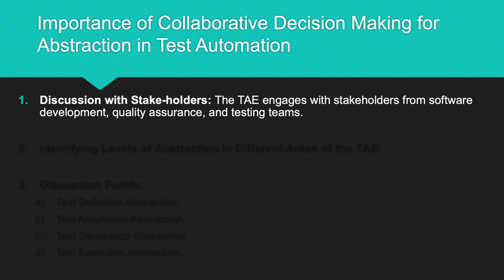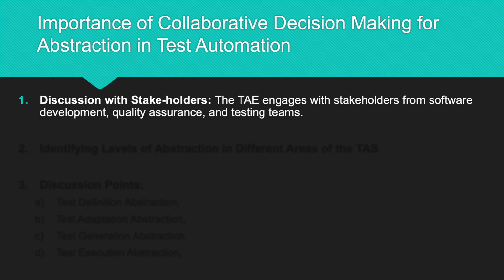By involving multiple perspectives, it ensures that the level of abstraction chosen aligns with the needs and goals of the project as a whole. This collaborative approach helps in making informed decisions that take into account different viewpoints, leading to more effective and successful test automation implementations.